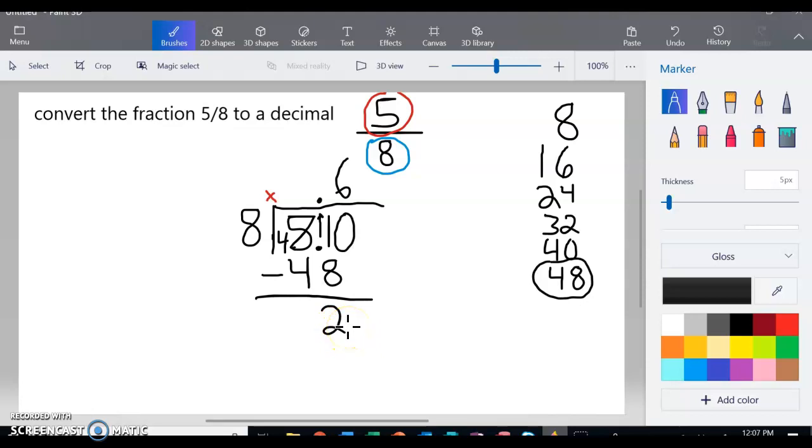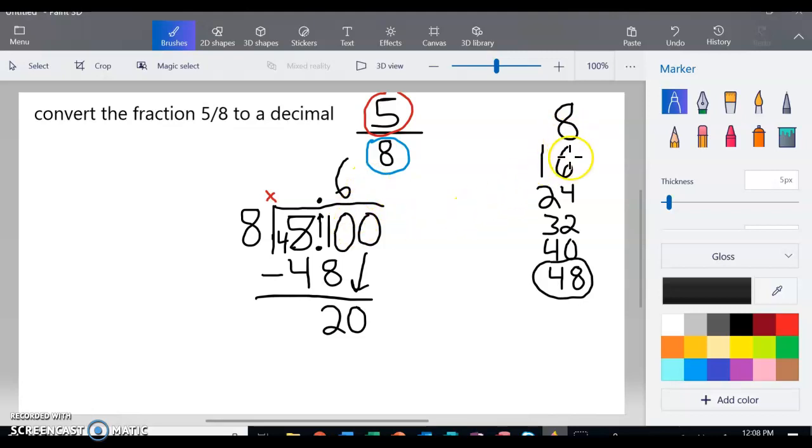So you may want to put a remainder here. However, we must continue this problem because we do not have a 0 on the bottom. So what we can now do is add another 0 and bring it down. We are continuing our division problem. We have to continue until there is a 0 down here at the bottom.